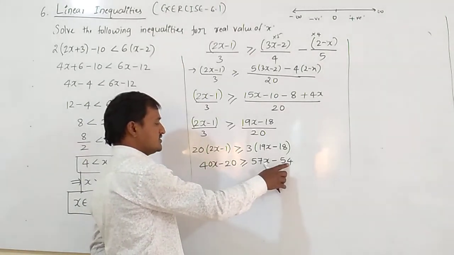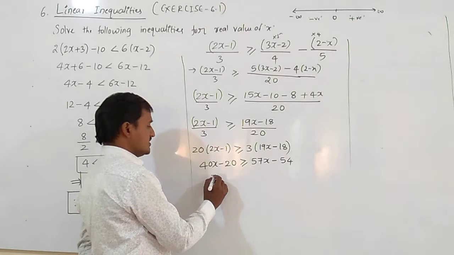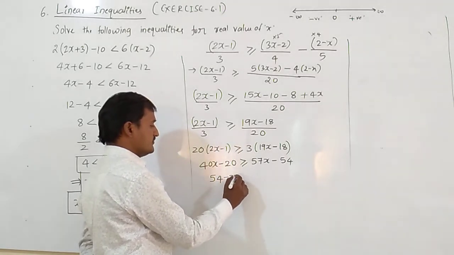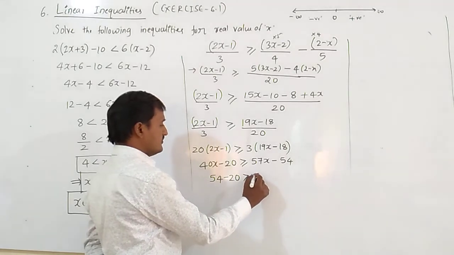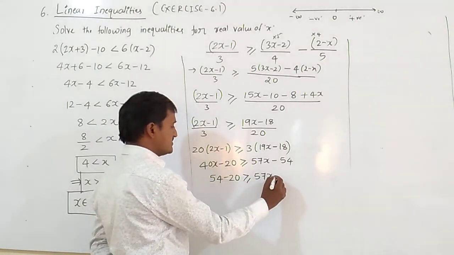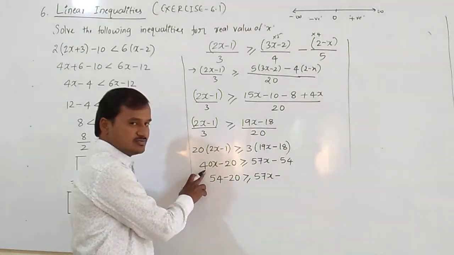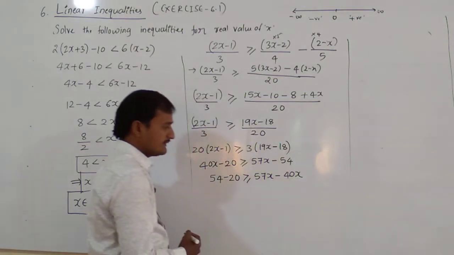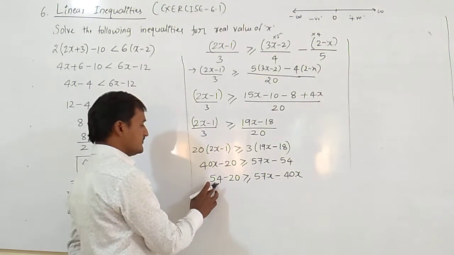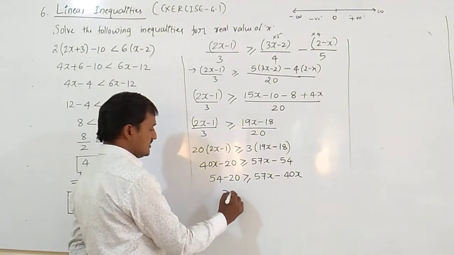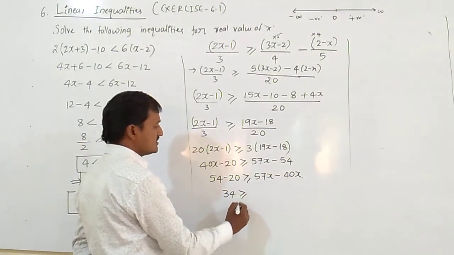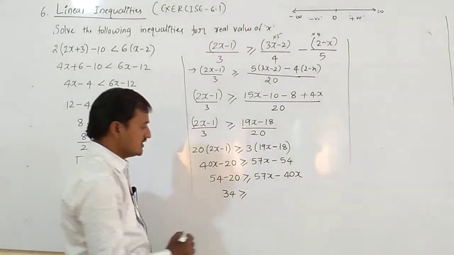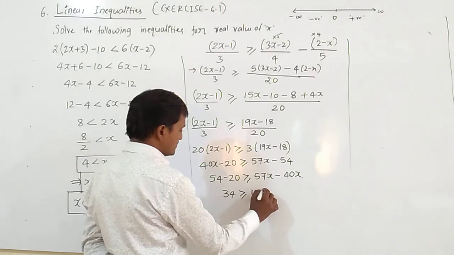Take this minus 54 to this side, so it becomes 54 minus 20, more than or equal to 57x, and take this 40x to this side, minus 40x. So 54 minus 20 means 34 is more than or equal to 57x minus 40x, clearly 17x.